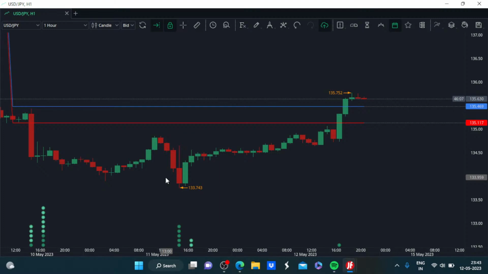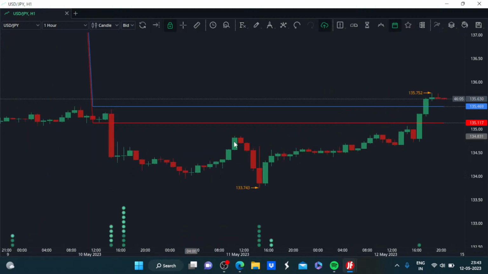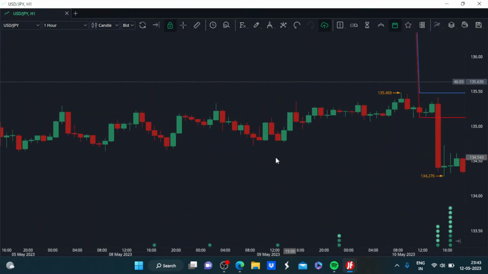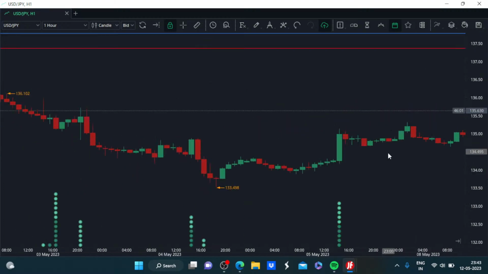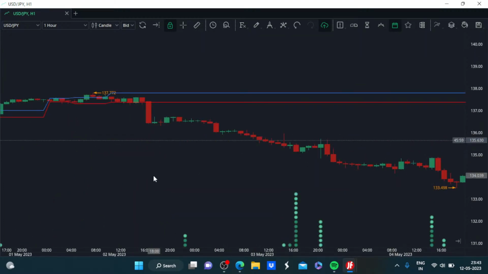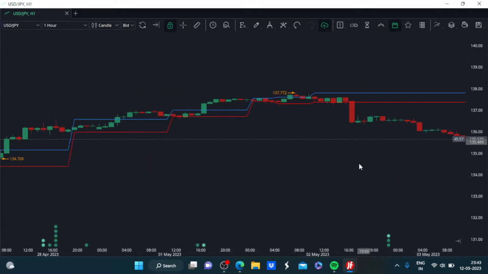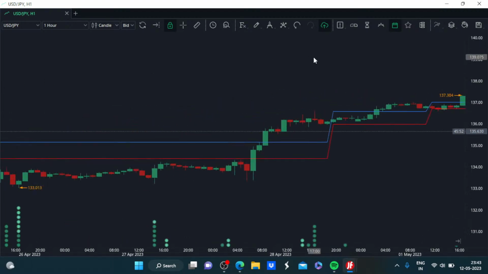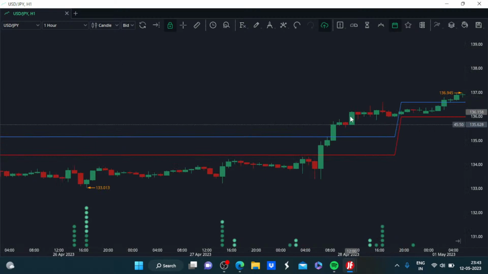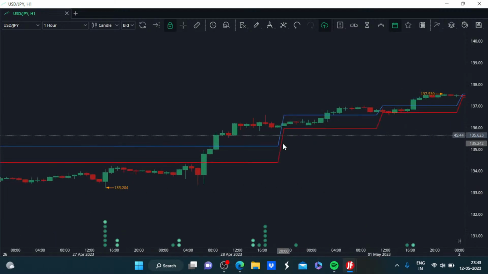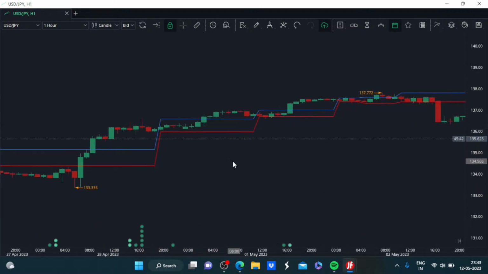Let us look at some of the examples. We will have to go back in time. Here we had the USD JPY breakout around the 135 levels, and then that trend continued for the next couple of sessions.